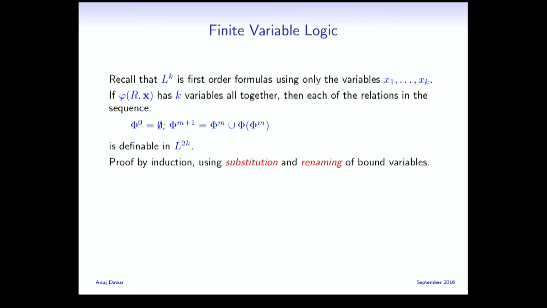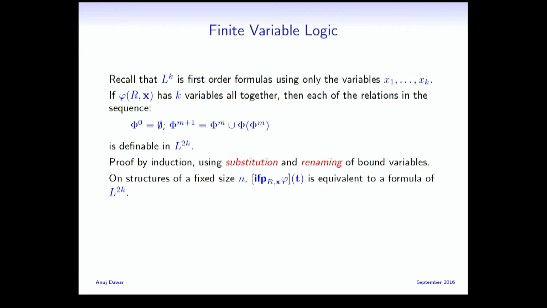Basically, phi 0 is the empty relation everywhere, so that's easy to define. To define phi m plus 1, you take the formula phi, which we know has k variables altogether, and you replace all instances of r by the definition of phi m. You have to do a bit of renaming of variables to avoid capture, but the key point to remember is that still no subformula contains more than 2k variables at any point, whatever the value of m is. And that was the key point I said about limiting the total number of variables. So you can rename variables to get it down.